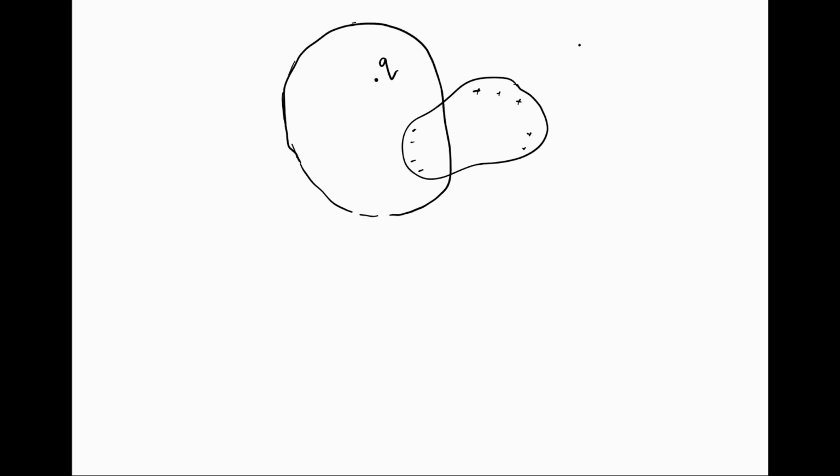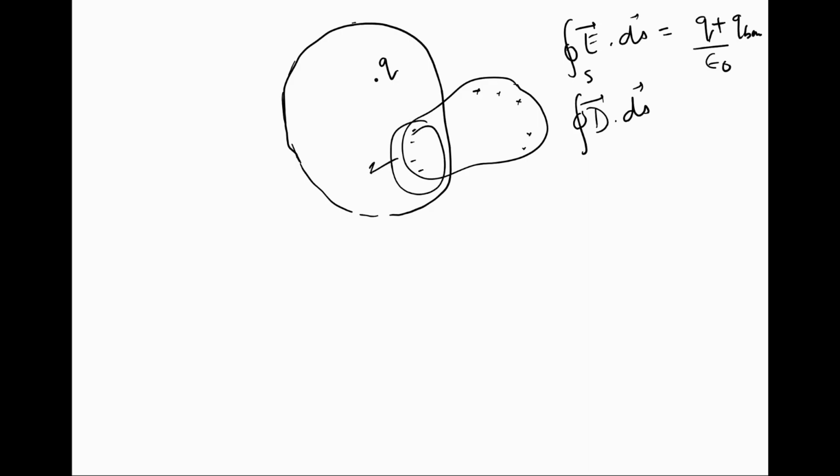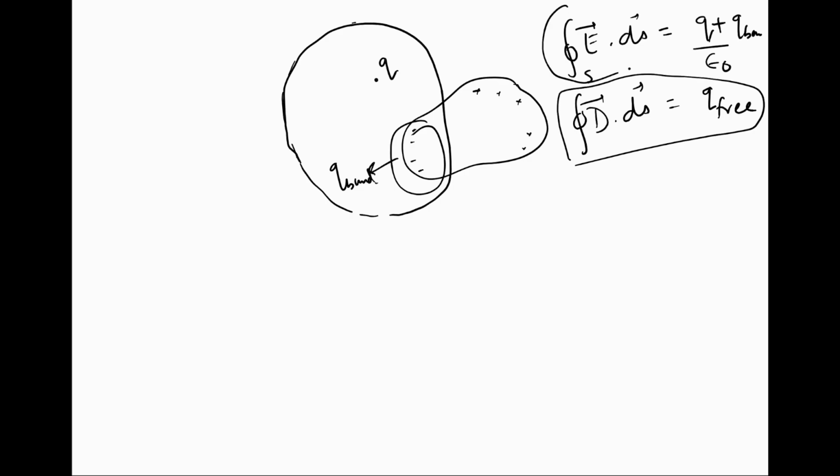For this Gaussian surface, E dot dS over this closed surface will give us Q plus Q bound over epsilon naught, where this is Q bound. For D dot dS, I will just get Q free. So this is the flux which we will get. But the values of E and D depend on both the free as well as bound charges.